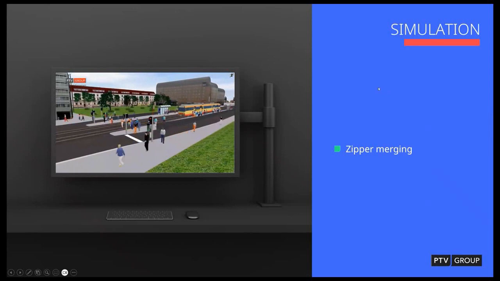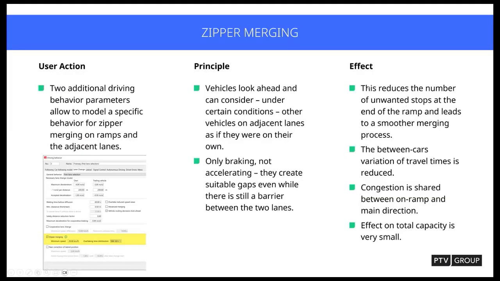Good. Simulation, zipper merging. Zipper merging is not what you see here. That's just simulation, zipper merging. The zipper merging has been added to the driving behavior, namely the lane change behavior, as a new optional aspect.